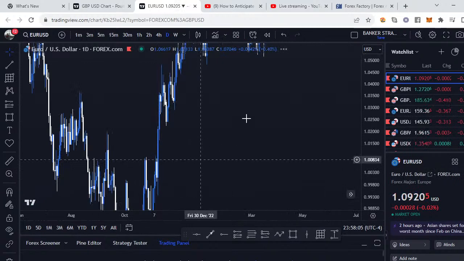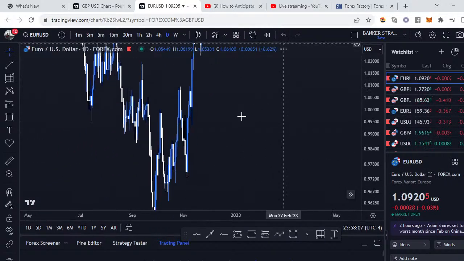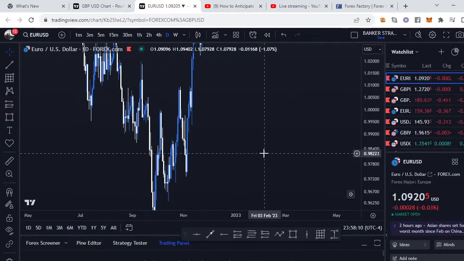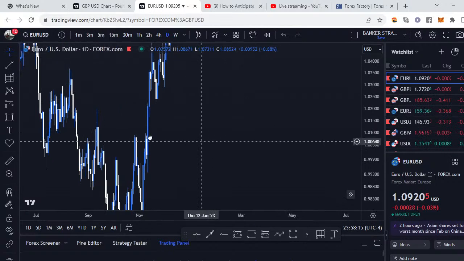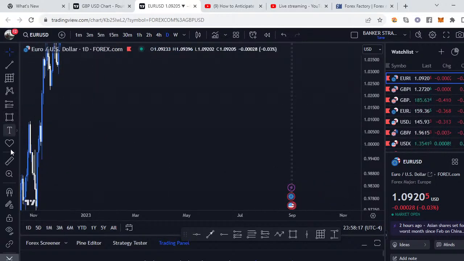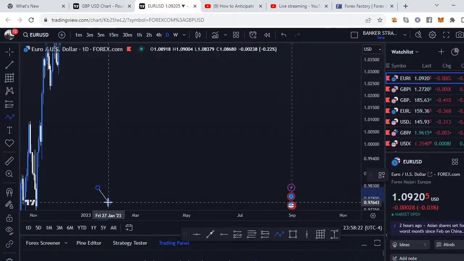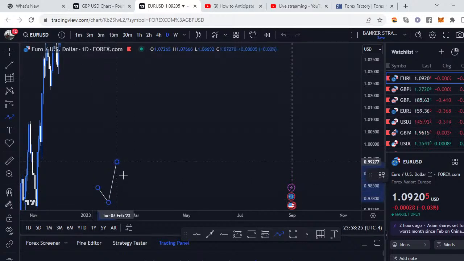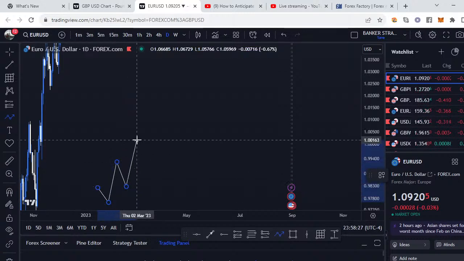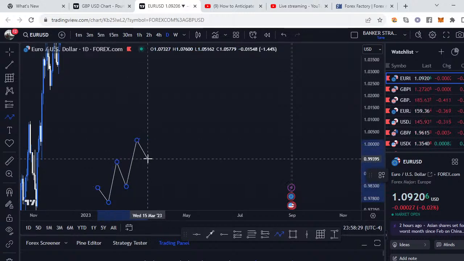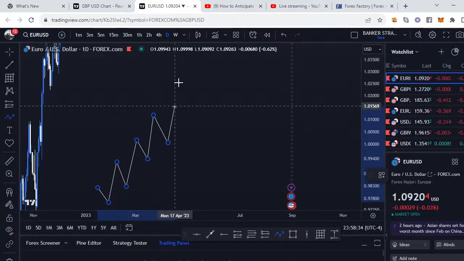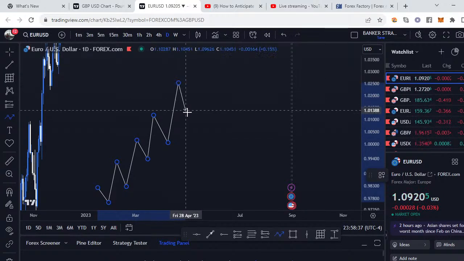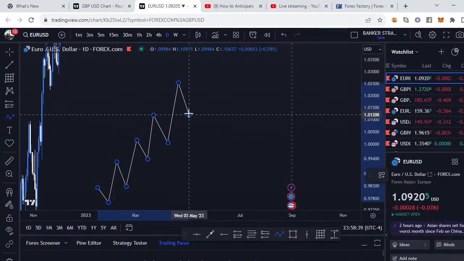If you can see, this is the uptrend going down. When you see the market going like this, that means we're in the uptrend.